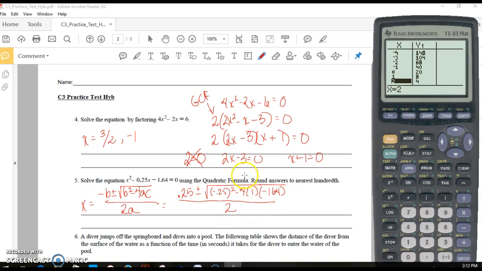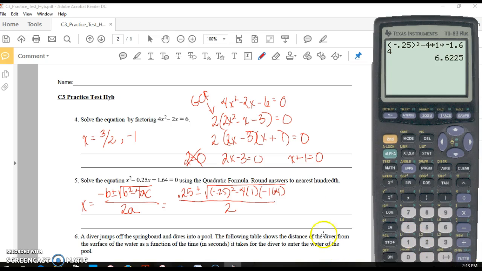I'm going to use the calculator to help me figure out what my discriminant is. So the negative 0.25 in parentheses squared minus 4 times a times c, which is a negative 1.64.